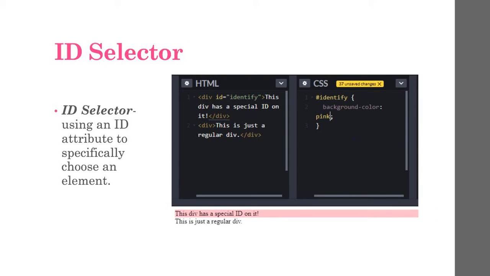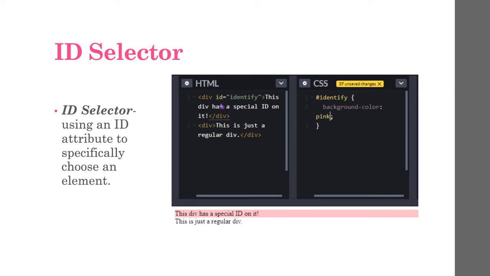And for the third one, we have the ID selector. An ID selector is just like the class selector, but this one will only be for a single element. Okay, so it will specifically choose an element with this ID name.